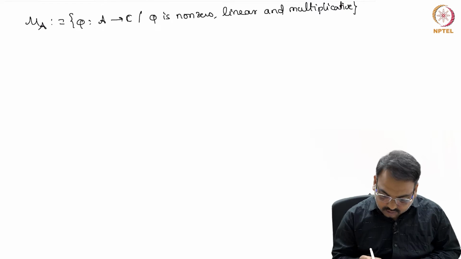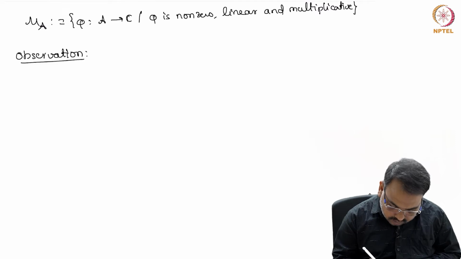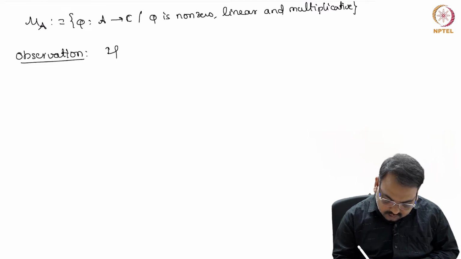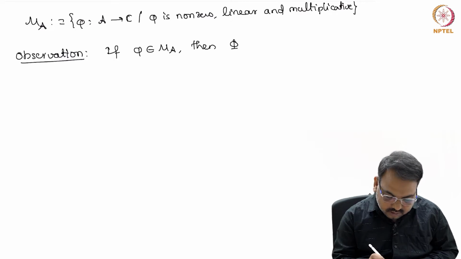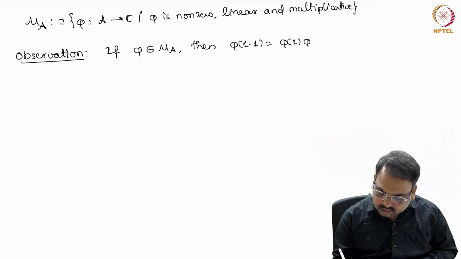So let us have the following observation. If phi is in MA, then phi of 1 into 1, so this is phi of 1, that is phi of 1 squared.